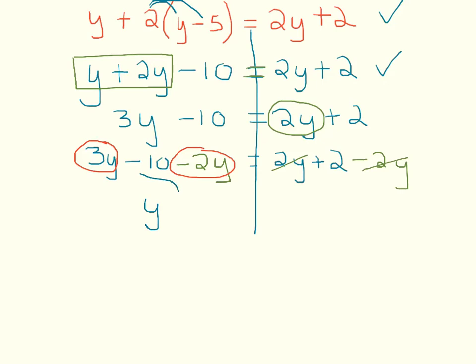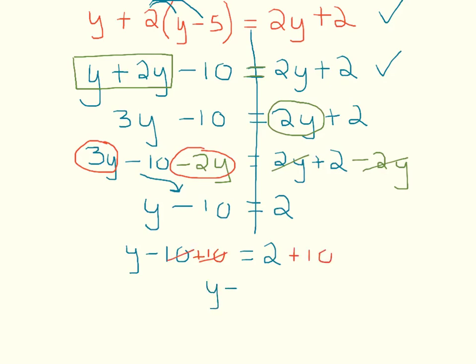And then minus 10 comes down, equals 2 on the right side. And now we're down to a one-step equation where we simply have to add 10 to the other side. Add 10 to cancel, and then add 10, and 2 plus 10 is 12. y equals 12. So lots of steps, but not too difficult. I think you can handle it.